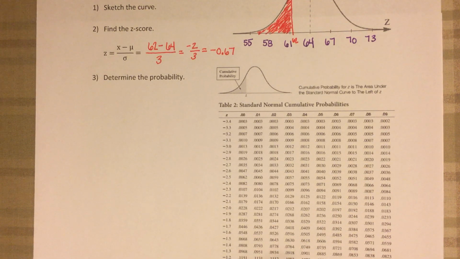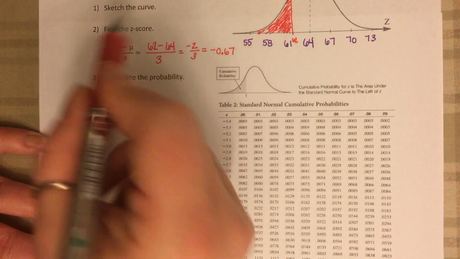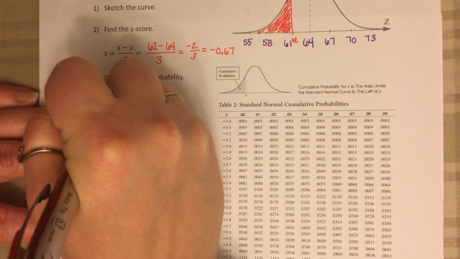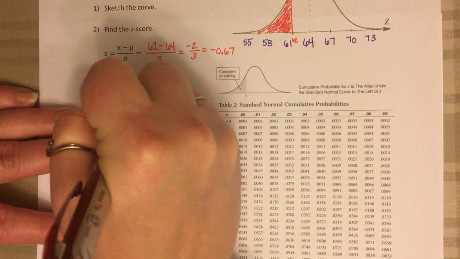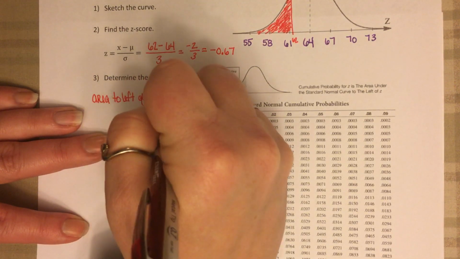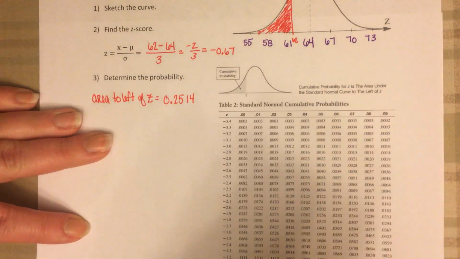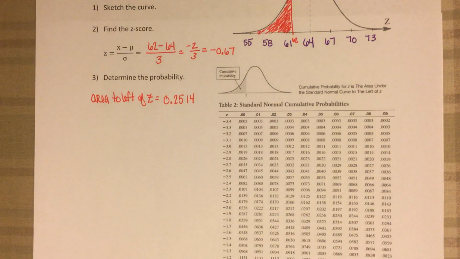So using our z-score of -0.67, our area to the left of z equals 0.2514. Once you get used to using this table, it's not too bad. Based on whether your z-score is positive or negative, that's going to help you determine which side of the paper you want to look at.